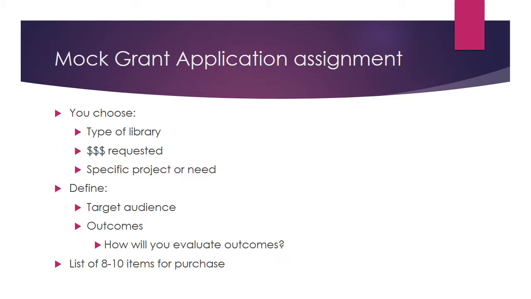So once you've chosen the type of library and what your project or community need is, you will need to define your target audience. So for instance, in the example, the target audience is the non-English as a first language people. So English as a second language or English language learners.